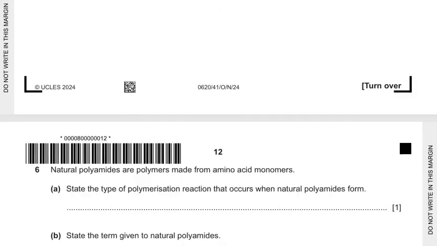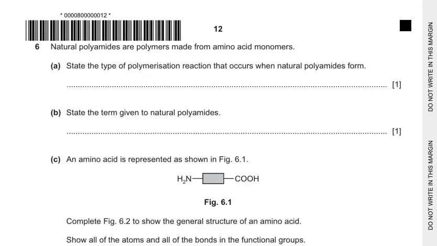Now if we go ahead with the next question 6, natural polyamides are polymers made from amino acid monomers. So here natural polyamides are made of the monomers amino acid. State the type of polymerization reaction that occurs when the natural polyamide forms. Now we know that polyamides and polyesters are made by condensation polymerization.